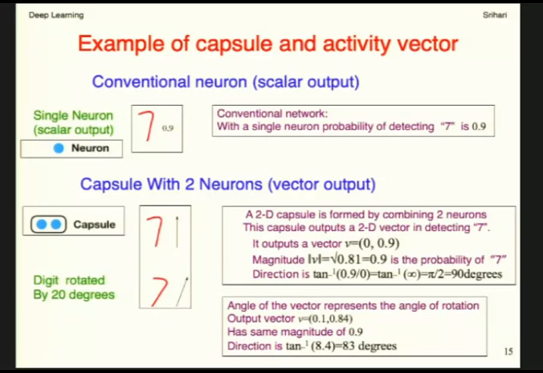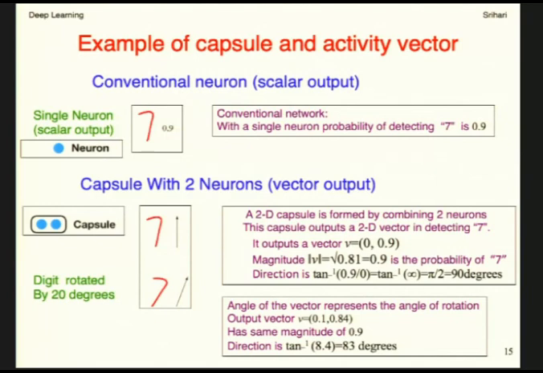It's saying the probability of that being a 7 is 0.9. Some pixel values come in and it figures out the weights, or we have some features computed from the pixel values. Output is maybe a softmax output, 0 through 9. The detector for number 7 is saying 0.9 for a 7, and the rest add up to 0.1. So that's a conventional neural network.